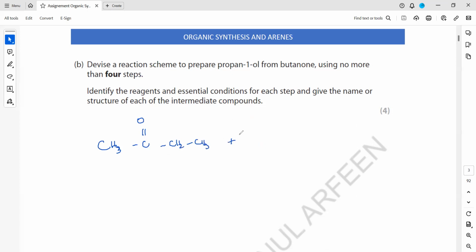And when we react with sodium hydroxide and iodine, first it's an iodoform reaction, when a methyl group is there next to a carbonyl group. So we react with sodium hydroxide and iodine, which is actually the iodoform reaction.